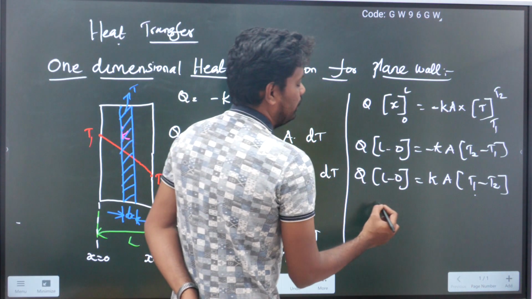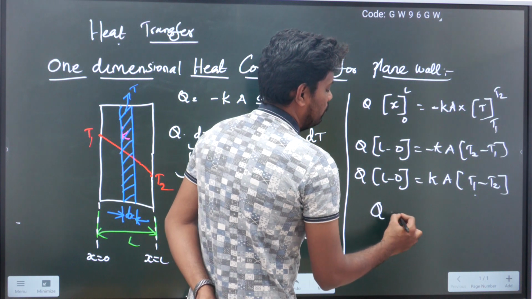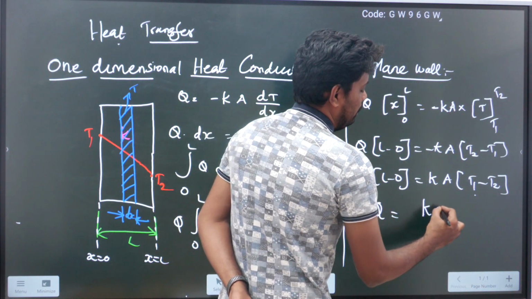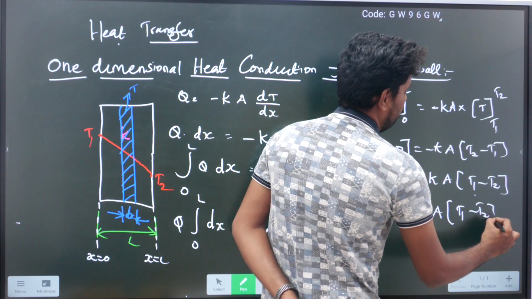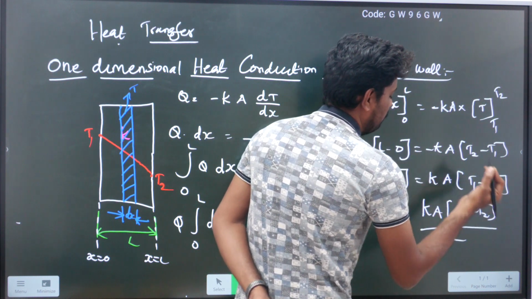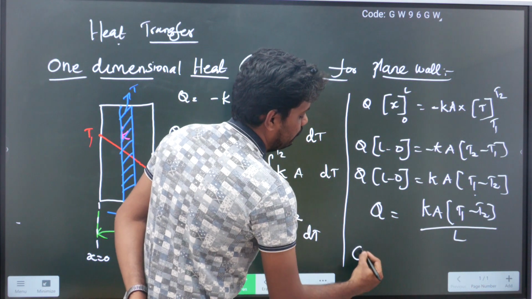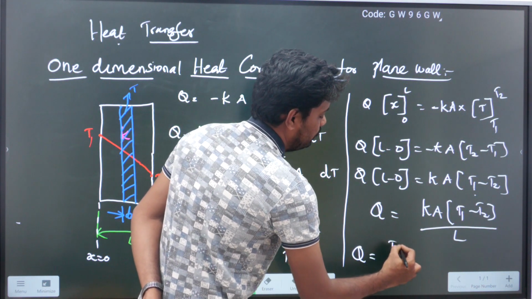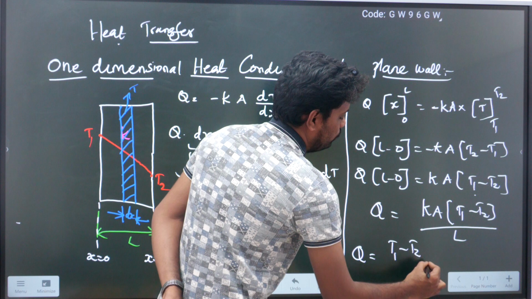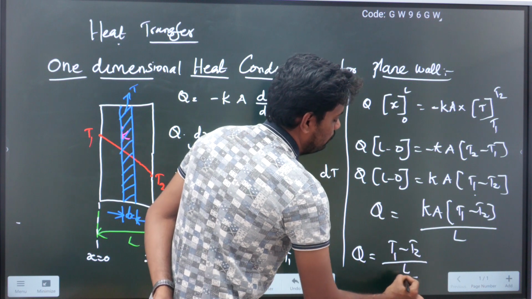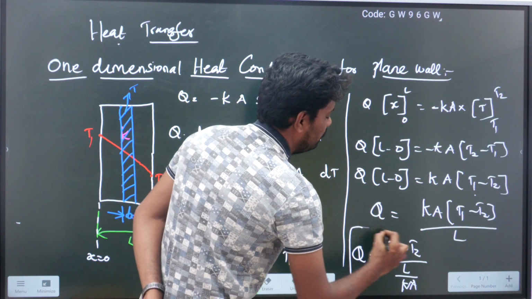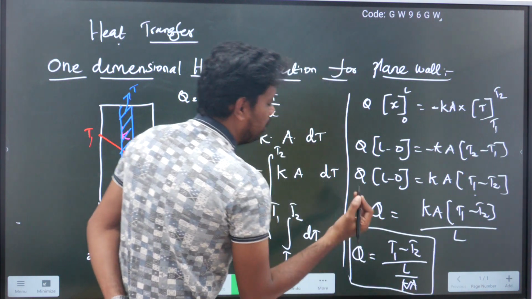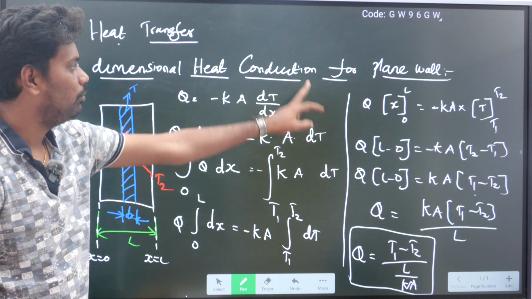So I am just taking q on the left hand side, which is equal to k a into t1 minus t2 by L, or otherwise you can simplify again, q is equal to t1 minus t2 by L by Ka. So this is the one dimensional heat conduction equation for plane wall.